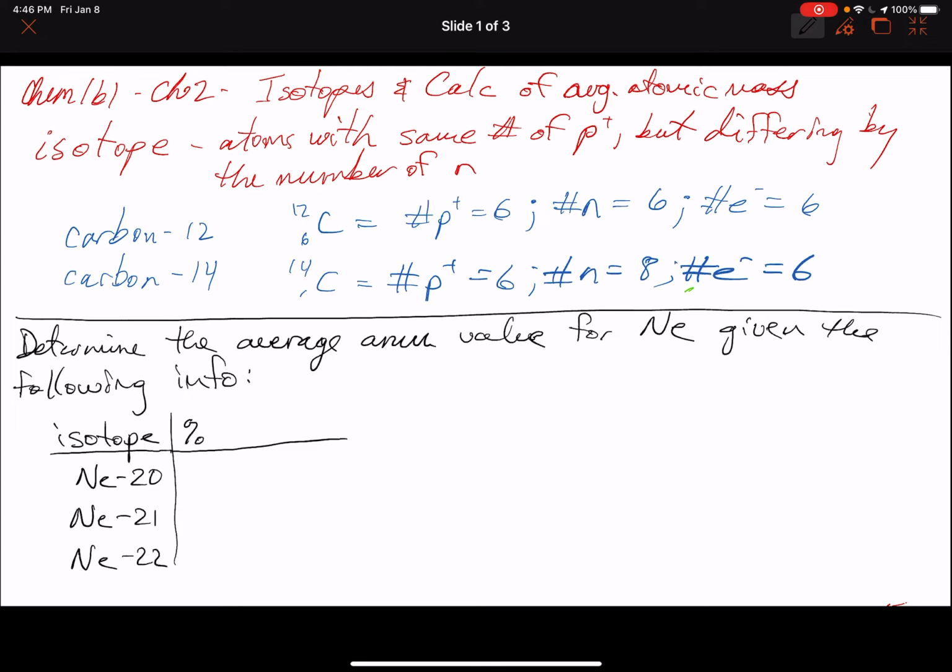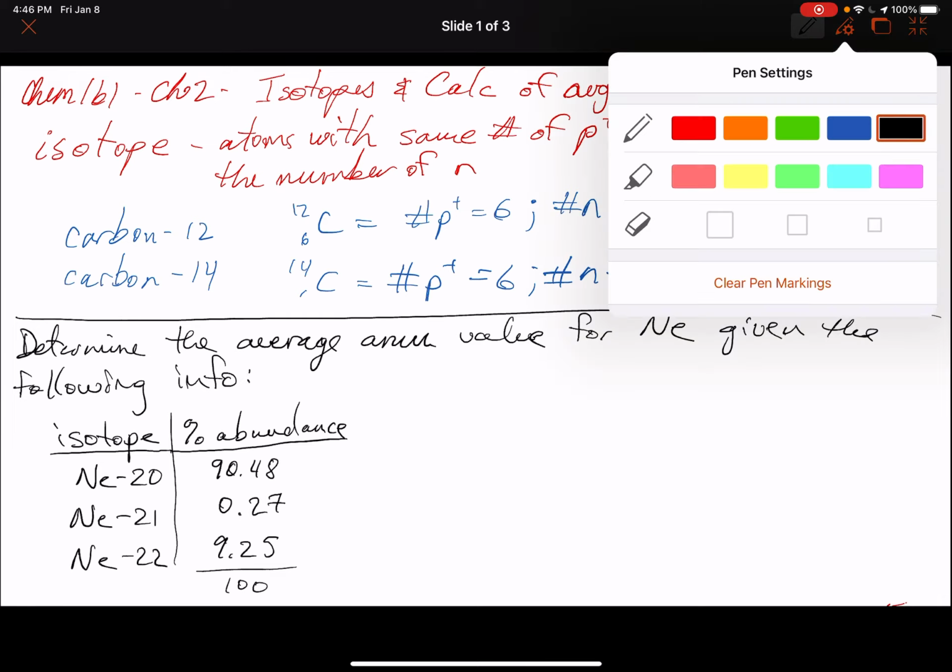So the percent abundance information here is 90.48, 0.27, and 9.25. Notice that the sum here is 100 to describe all isotopes in totaling to the total population of 100. And that's where we would end the question.